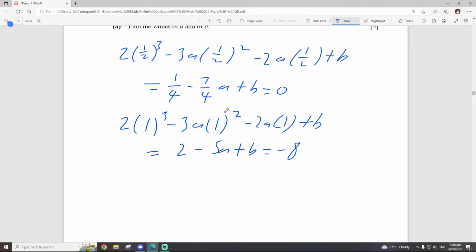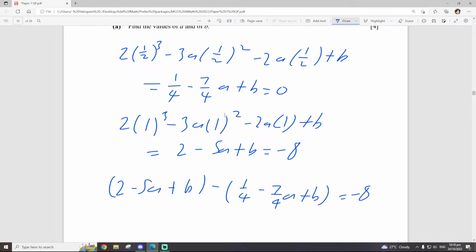Okay, so we'll subtract the two equations so that we get 2 - 5a + b minus 1/4 - 7/4 a + b = -8.